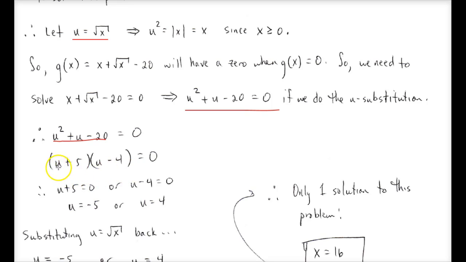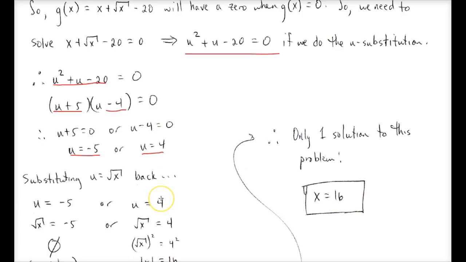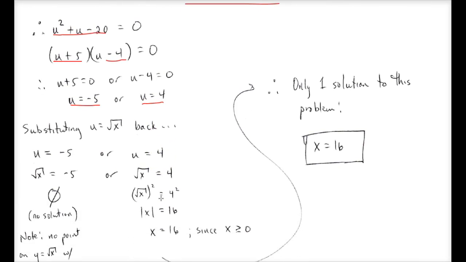That means u plus 5 is equal to 0 or u minus 4 is equal to 0, which means u has to be either -5 or 4.